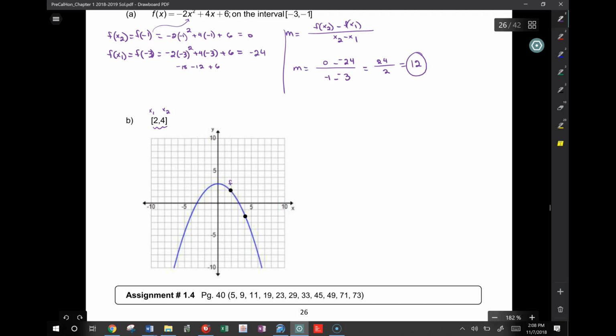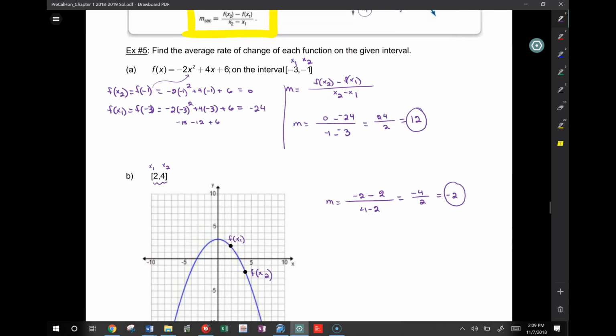So this is f of x1, and this is f of x2. So m is f of x2, which is negative 2, minus 2 over 4 minus 2. That's a lot of 2's. Negative 2. So that's average rate of change.